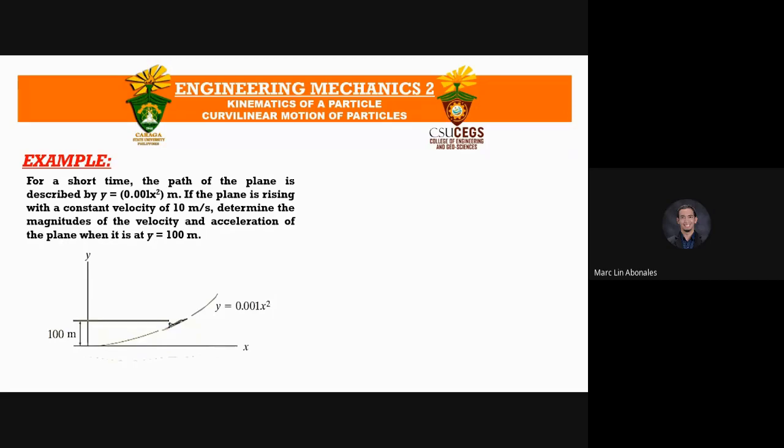In our case, we have actually a composite function that is y is equal to 0.001 x squared. This is an equation that relates the x and y. So the value sa y is nagadepende sa value sa x component nato. So for this example, we will apply chain rule of calculus.